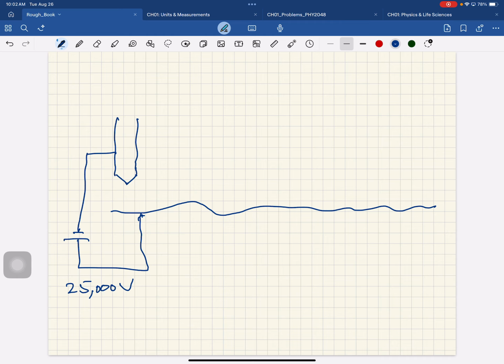So what happens is, when you apply this high voltage, if the gap is small, you'll have electrons tunneling. Like in Harry Potter, you go through the walls, you tunnel. So the electrons will jump from here to there when the gap is small, and the probe maintains its distance.